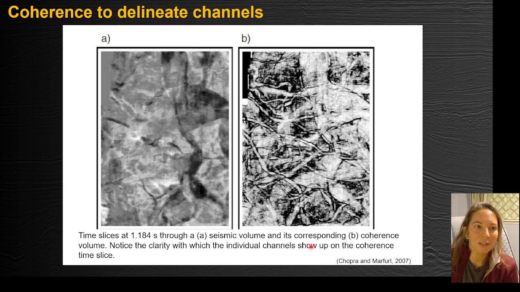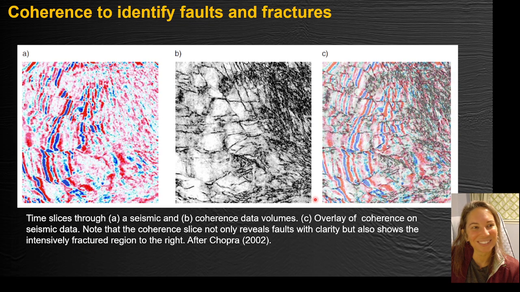Coherence, and the many different ways we can calculate it, can be used to delineate channels like I showed you before. Here we've got a very classic example of the seismic amplitude, and then a giant bowl of spaghetti, is what it looks like to me, of cross-cutting channels.